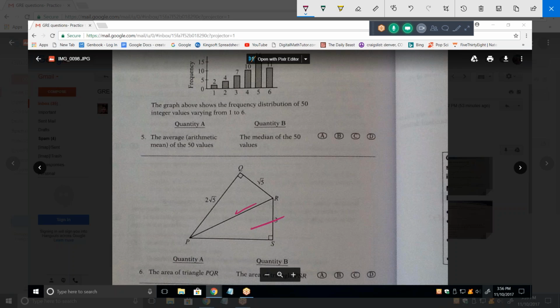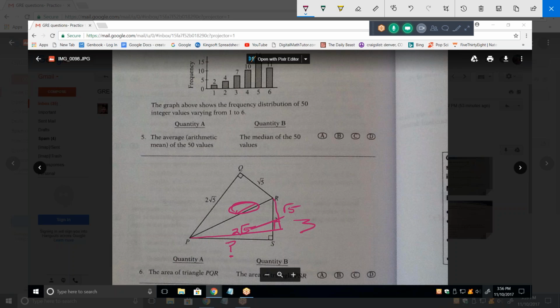So if I did reflect that over, I know that it has to be a right angle, so that angle has to be a right angle, and this side would be root 5. This side's the same for both triangles. This side down here is 2 root 5, but that's versus a 3 and some unknown number down here.